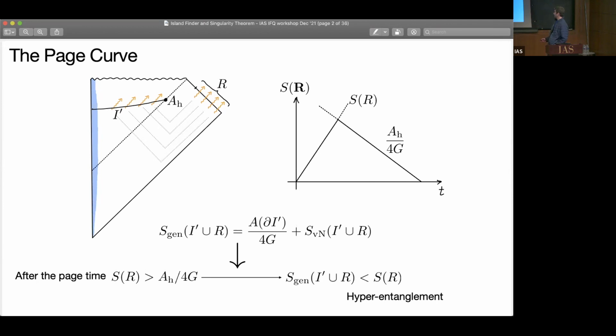Remember, the generalized entropy of a region is the sum of the von Neumann entropy of the region plus the area of its boundary divided by 4G. In terms of the generalized entropy, the hyperentanglement condition is that the generalized entropy of I prime union R is less than the von Neumann entropy of R, all computed in the semi-classical state. So in the black hole context, hyperentanglement implies the deviation between S of boldface R and S of R.